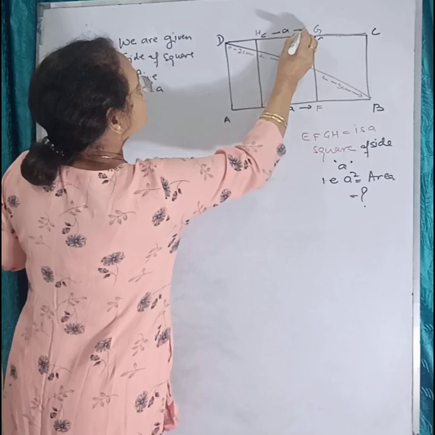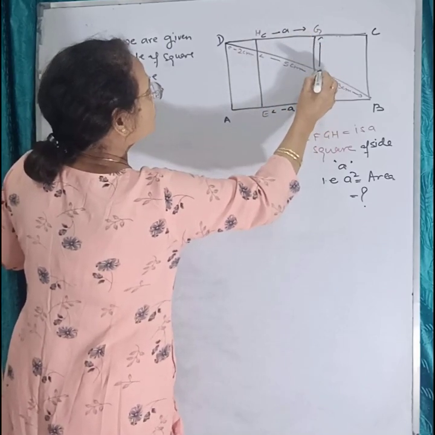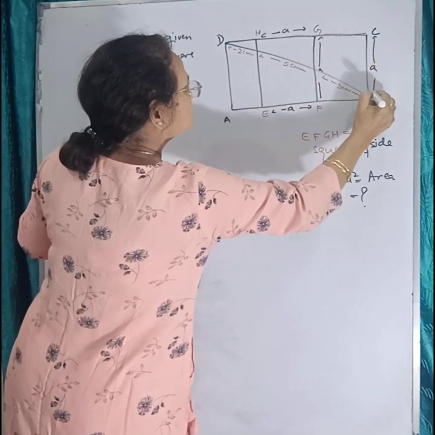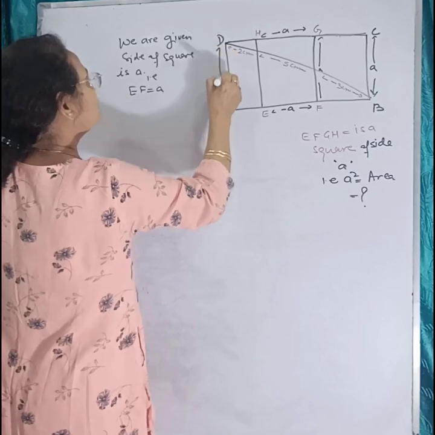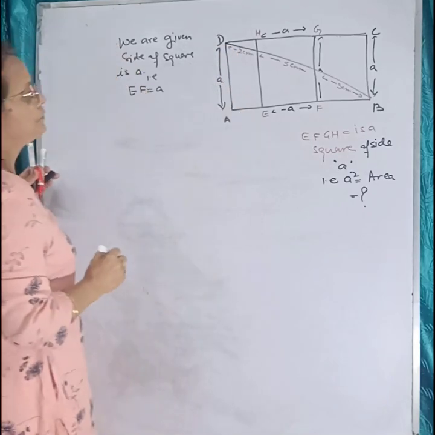This is also A. This is also A. This is also A. And this is also A. Okay? Correct.